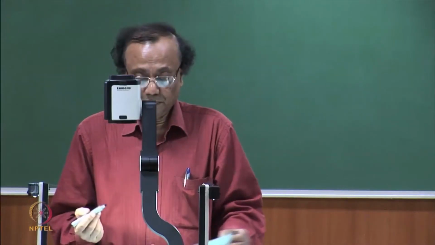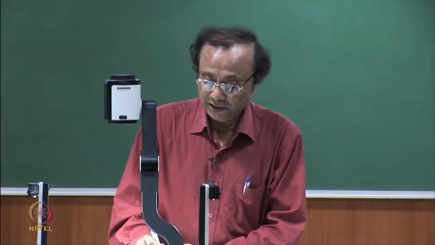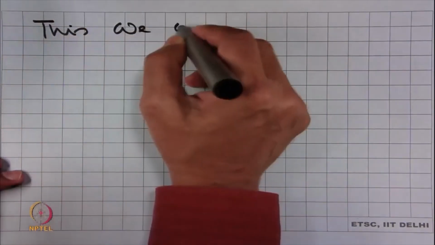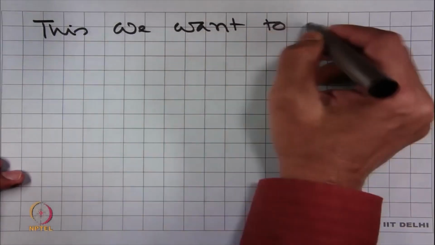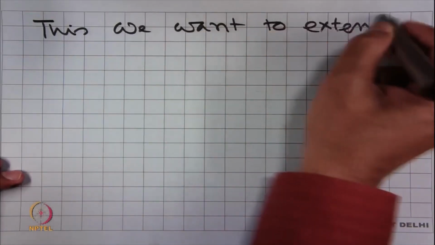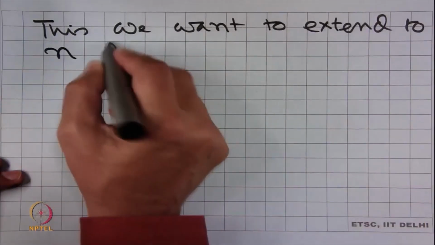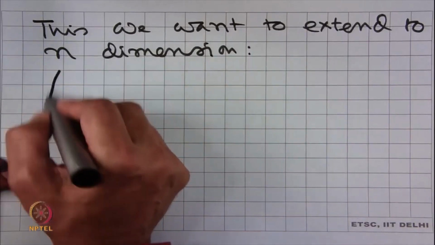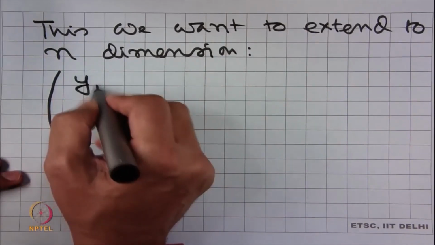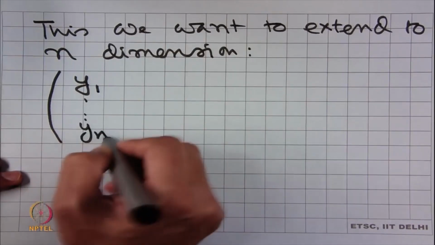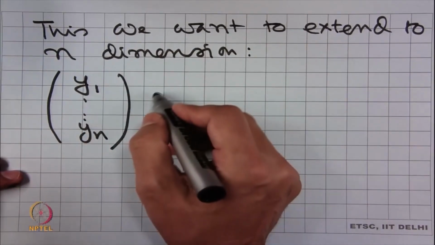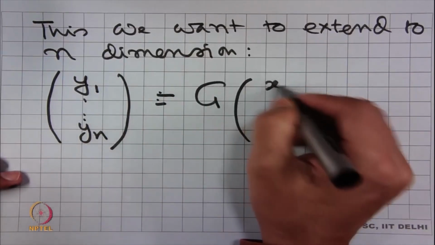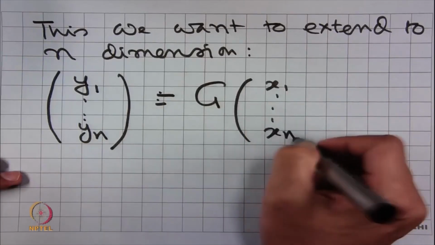Now, we want to extend to n dimension. Suppose we write y1, y2, yn as a function of x1, x2, xn.